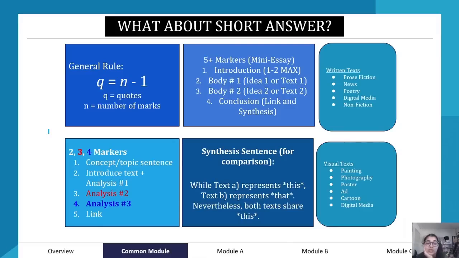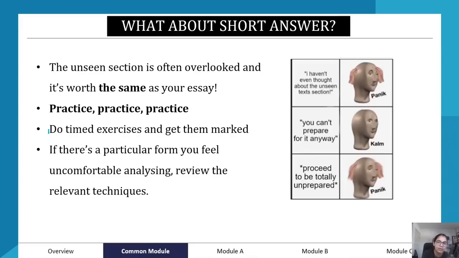And visual text, so you can get a range of text in the unseen question. You can get, and I'm sure probably a lot of you are familiar with this from trials now, you can get prose fiction, you can get news, poetry, digital media, non-fiction, and with visual text you can get painting, photography, posters, ads, cartoons, and digital media.